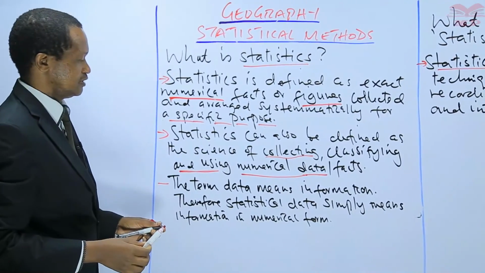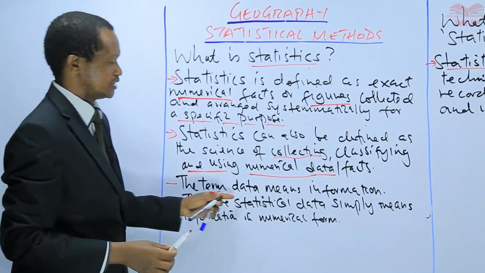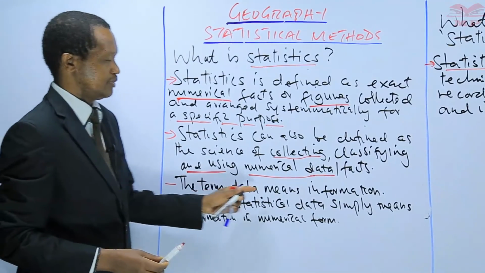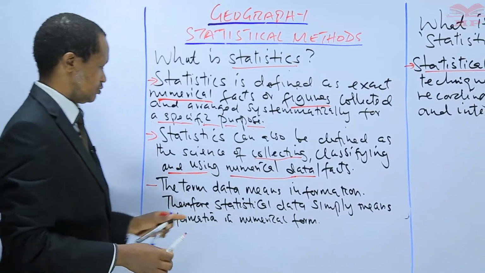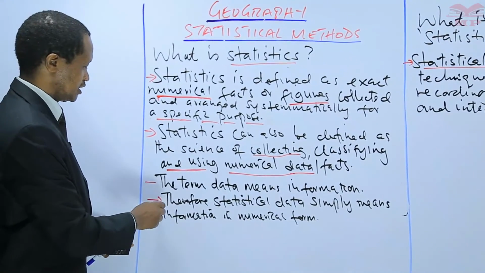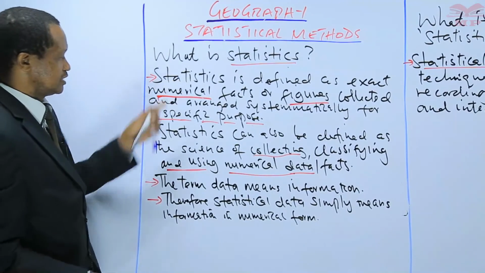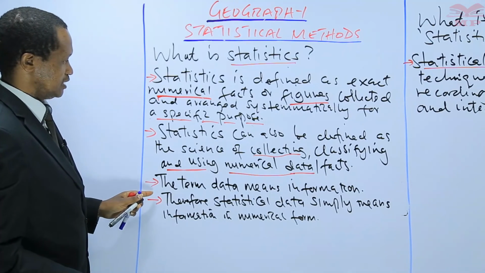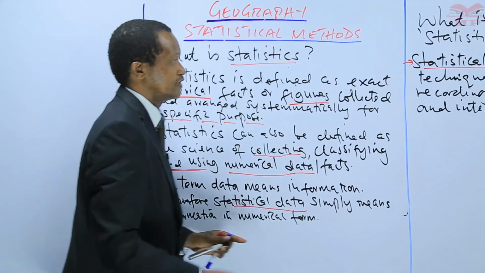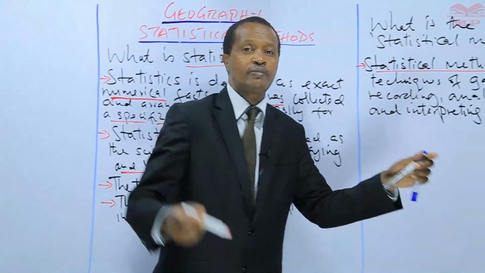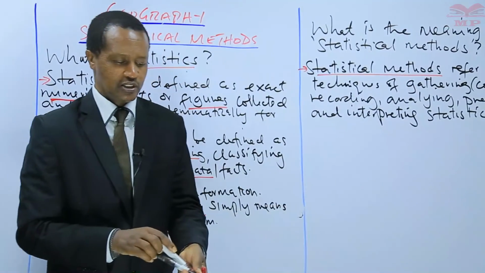We answered the question, what is data? And we saw that data means information, and therefore statistical data. We've also defined statistical data. Learners, we defined statistics, data, statistical data, then we defined statistical methods in this first lesson.